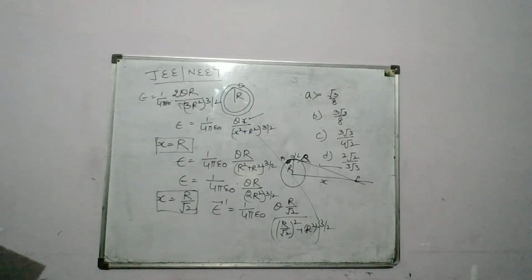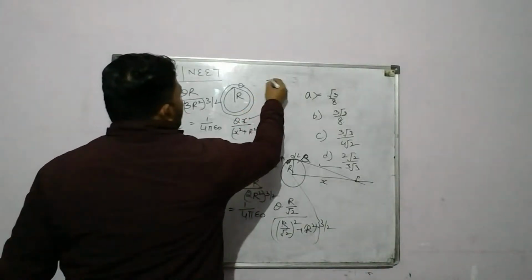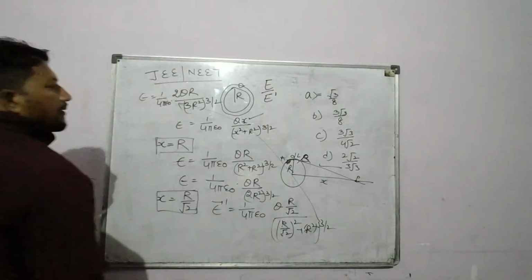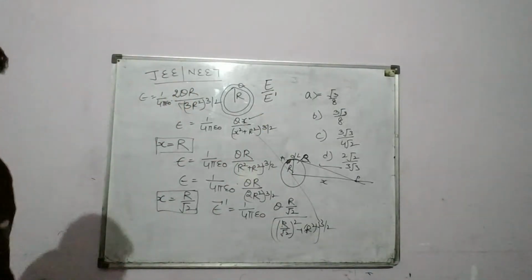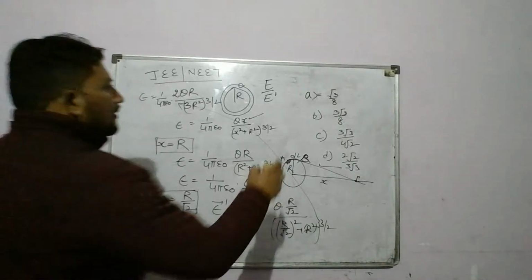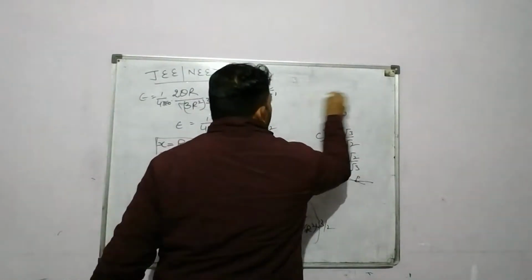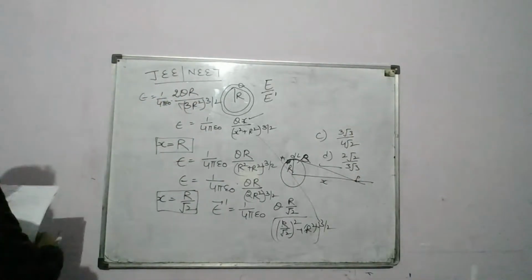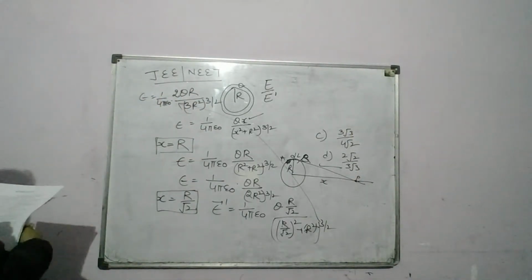And the examiner asks what is the ratio of this, E by E dash. So just we erase the option, first option or second option. So you understand. So you can put the value here.